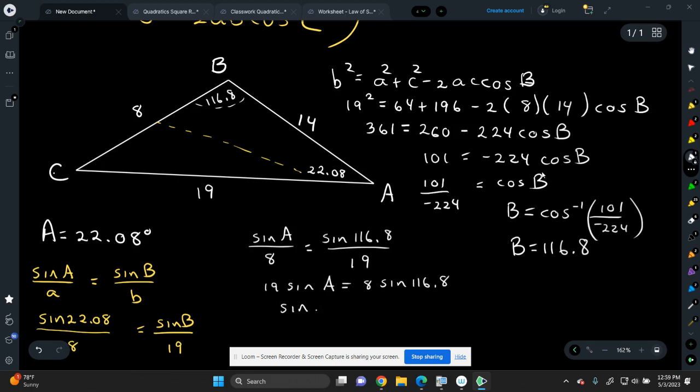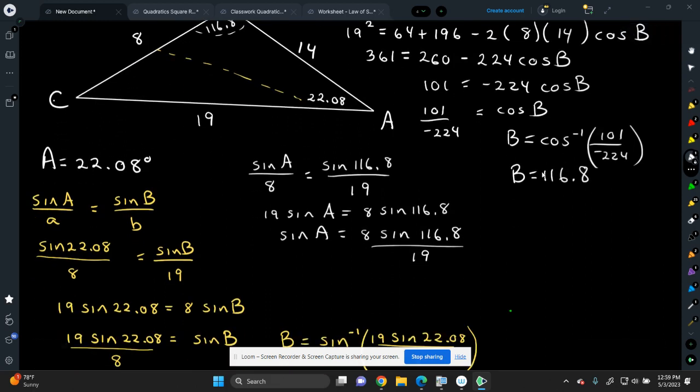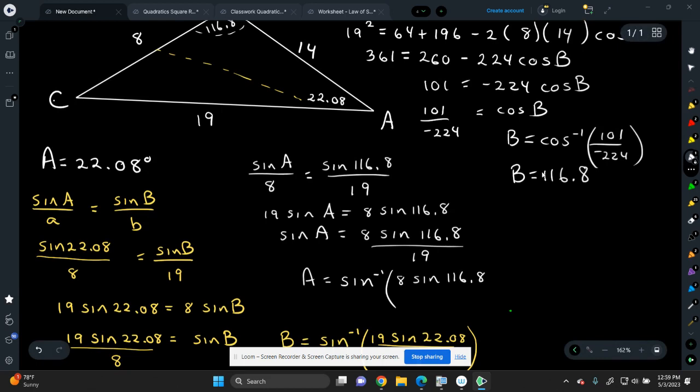So sine A equals 8 sine 116.8 divided by 19. So A equals the inverse sine of 8 sine 116.8 divided by 19. Okay, check my work, make sure I haven't made any silly mistakes.